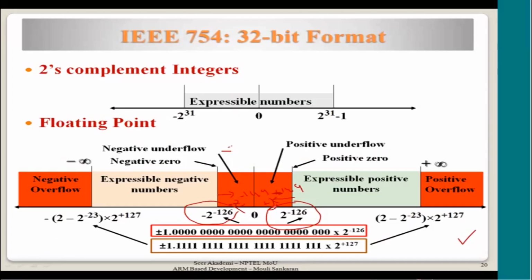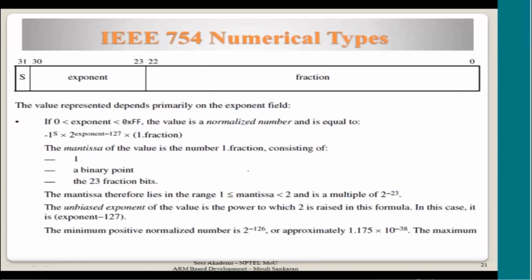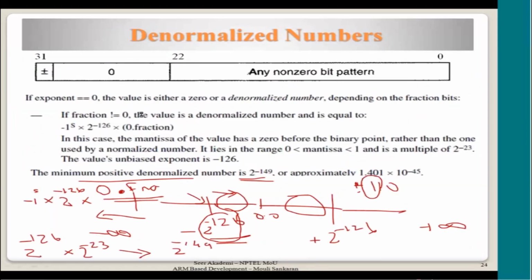Let me write it here: minus 2 power minus 149, plus 2 power 149. So it is brought in some more. Still it cannot reach 0, but it is better than previous, in the denormalized form. Okay, this is the form.